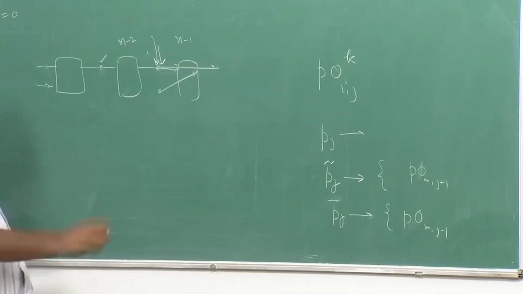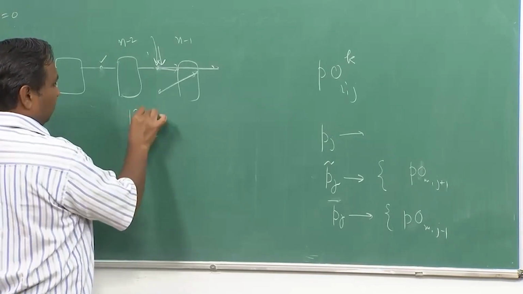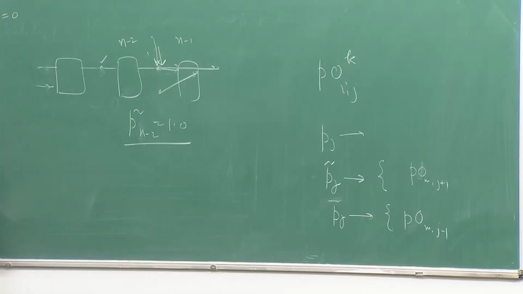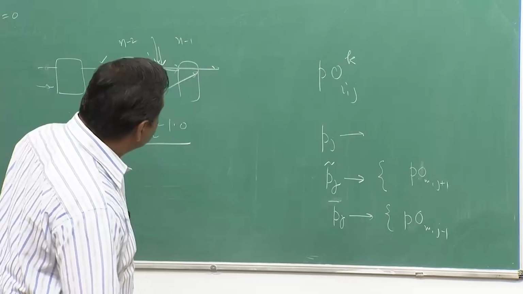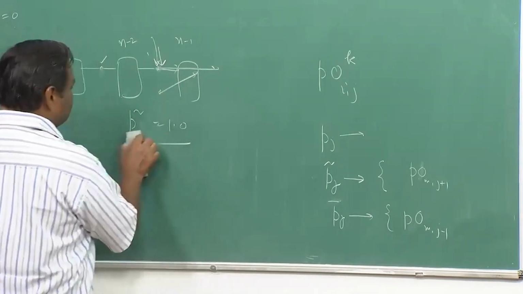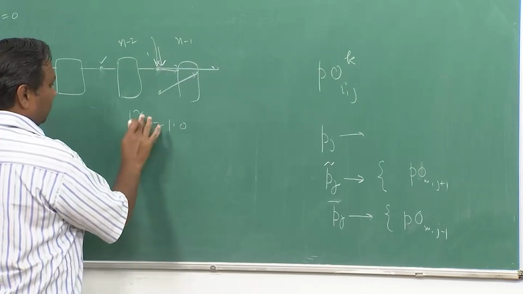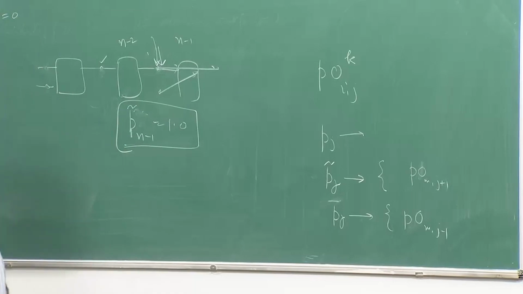So P of n minus 2 tilde was 1.0, that was my boundary condition there, but now it is no more true. The boundary condition I have to use now in my computation is not this; I will be using P of n minus 1 tilde equal to 1.0 as my boundary condition.